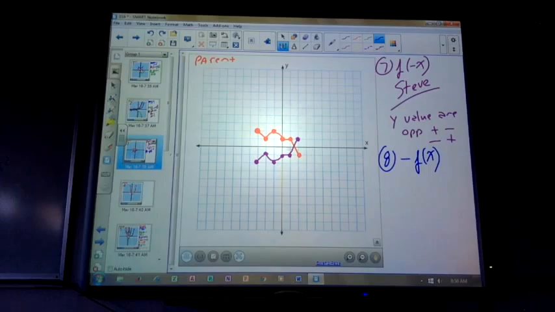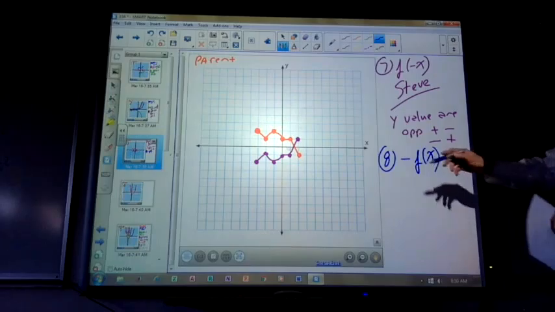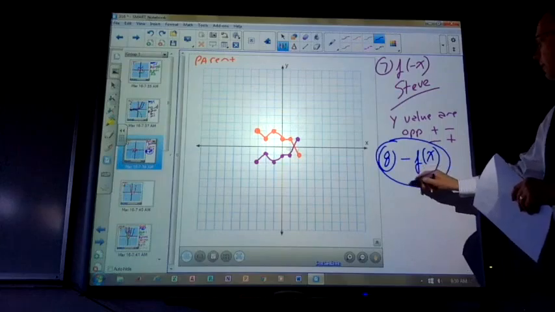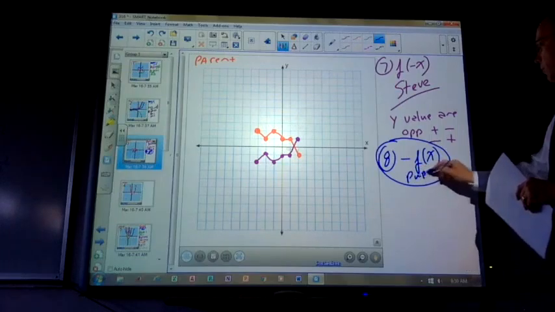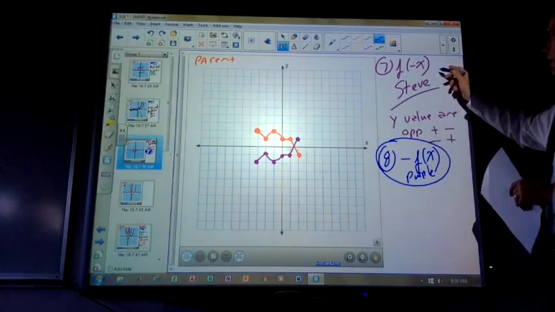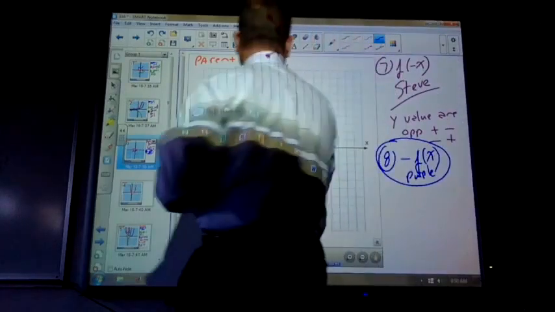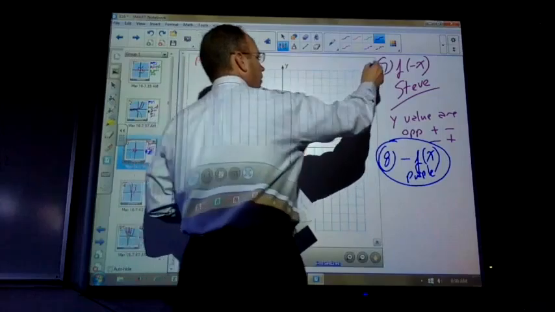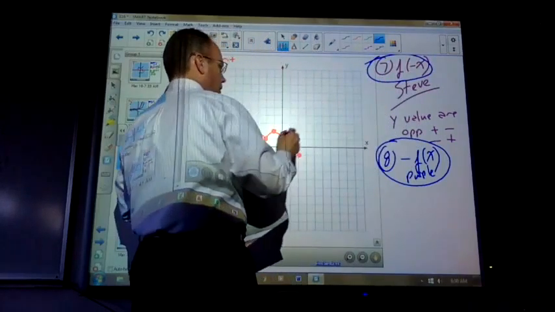I can't blame Steve for this. So, this one is actually going to be the purple. And this one, this is where this one would have changed. Uh-oh, so I got to make it right. All right, so we got to redo this one in blue.